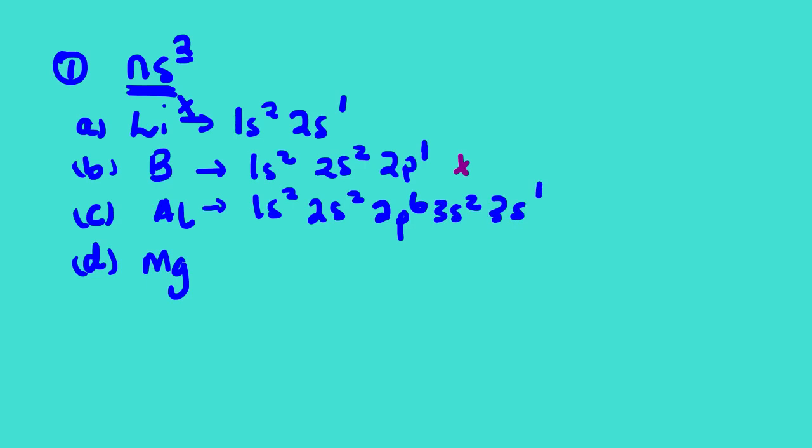So we can see that the exponent is also 1. It's the same as the last two examples. So this is also out. Now let us look at magnesium. Magnesium has 1s2 2s2 2p6 3s2. So the correct answer is magnesium. I hope you got this one correct. If not, let us go to the next example.